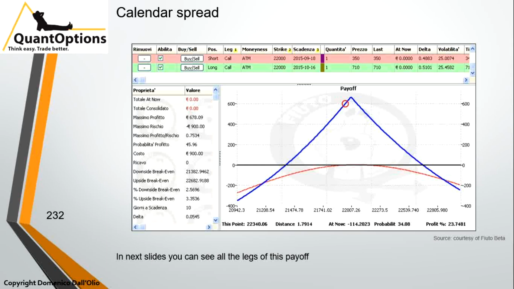But it is very hard to manage from a practical, technical point of view, because it's very hard to predict what will happen to the implied volatility of the option that will not expire in the first maturity.